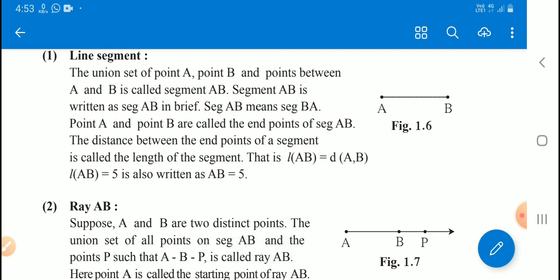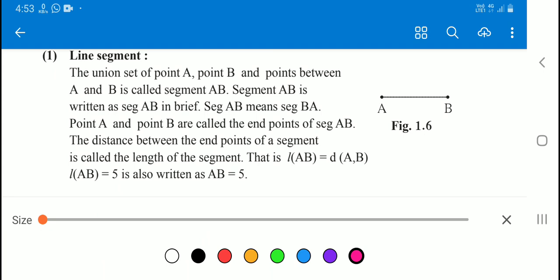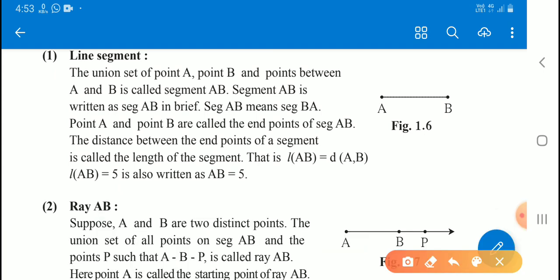Again one time I will read it: the distance between the end points of a segment is called the length of the segment.